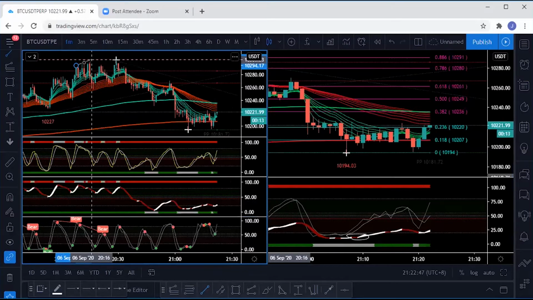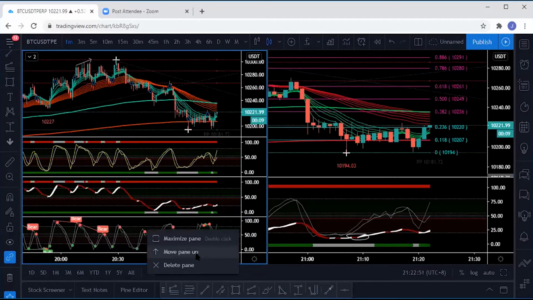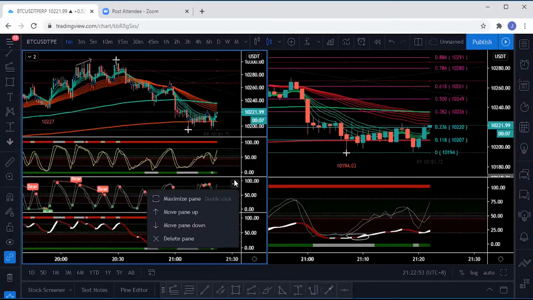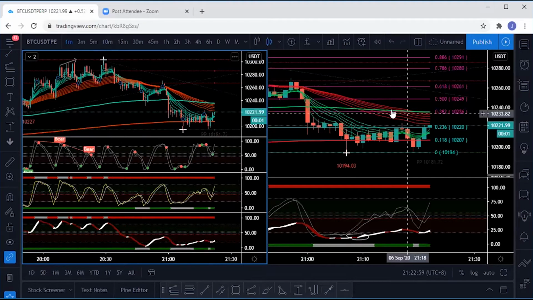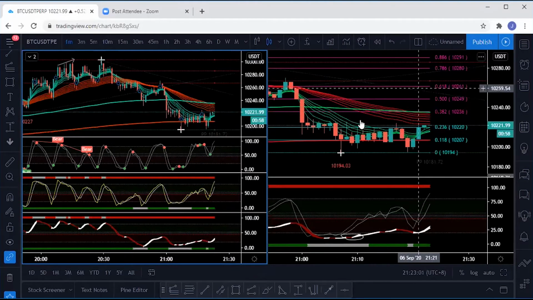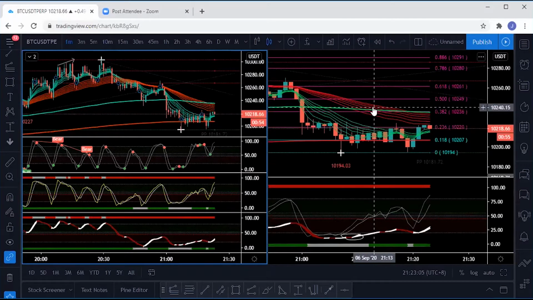That is our bear div. So this is our first divergence. Spot our 15 minutes, we're going to spot the trend. So that is our criteria.